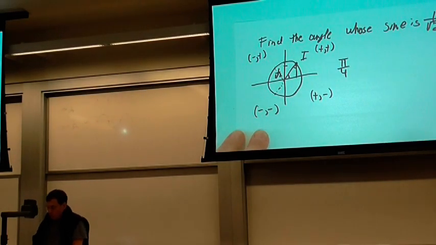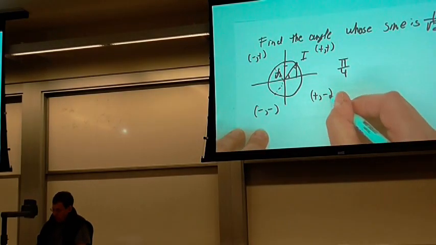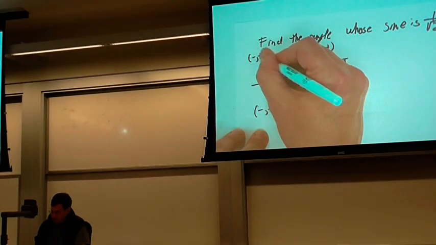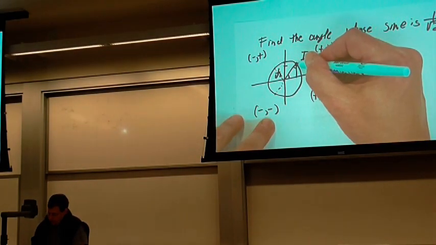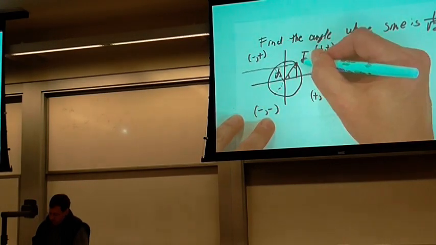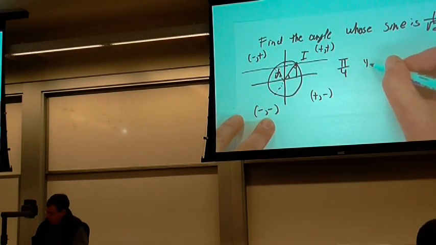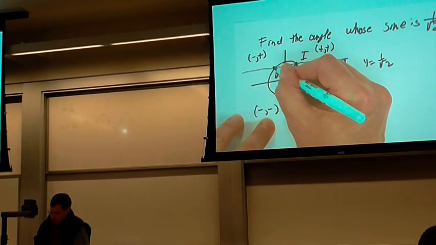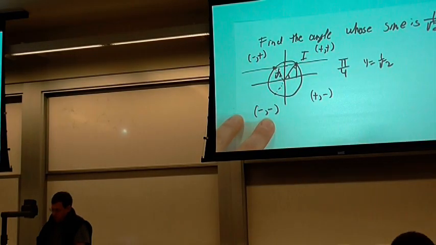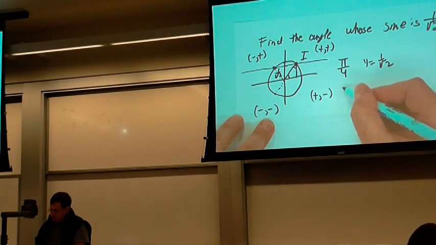So the question is, where is the sine, that's the y, also positive? It's going to be positive here. Another way to look at that is if I draw y equals 1 over the square root of 2. That's this line. It's going to intersect over here, and that's, of course, going to be 3 pi over 4.